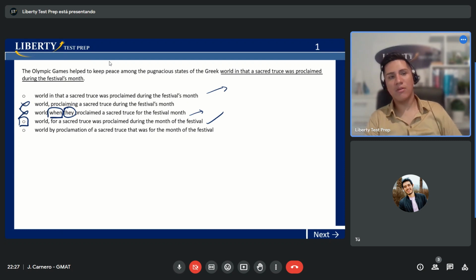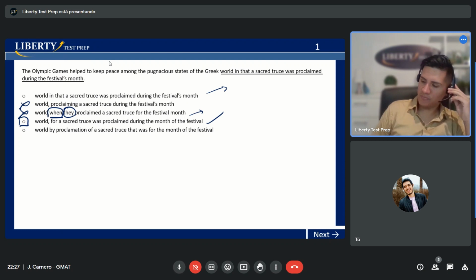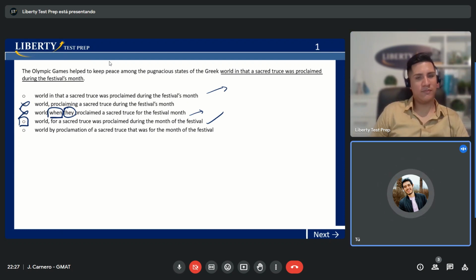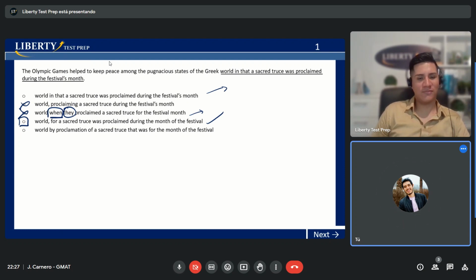Good. Then how do you eliminate the last one? The last one is important for us to eliminate. It's a little wordy, very wordy.